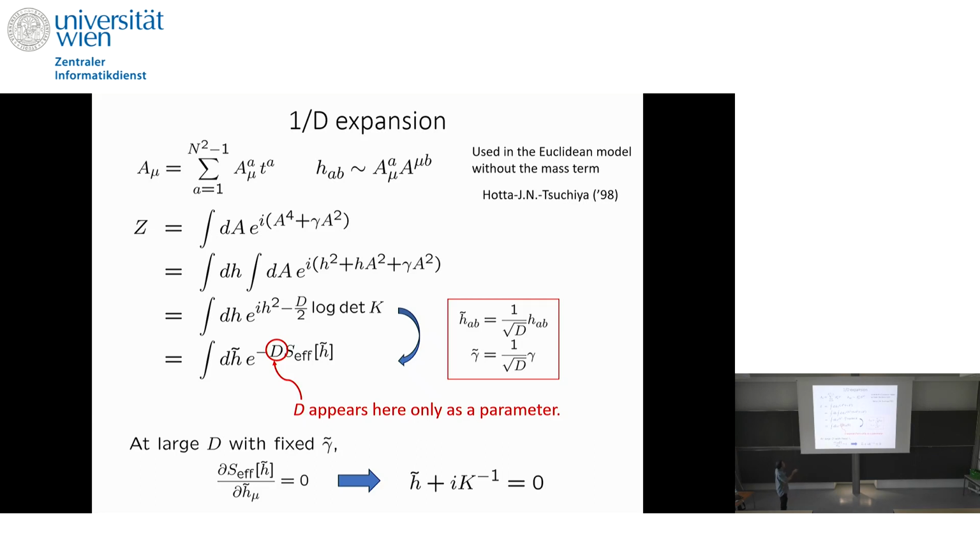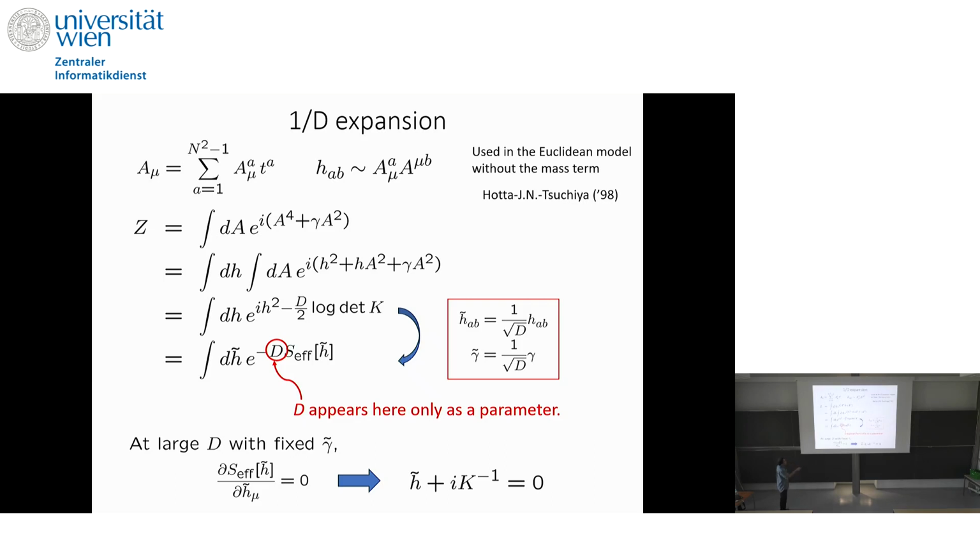So what we do here, we start from this partition function and introduce this auxiliary field H in this way. And if you integrate out this H, you go back to the original action. This is kind of Hubbard-Stratonovich transformation. And then you integrate out A from this, and from here you get some log determinant K with some coefficient, which is D, because you have D matrices basically.